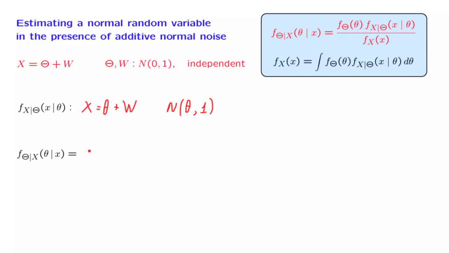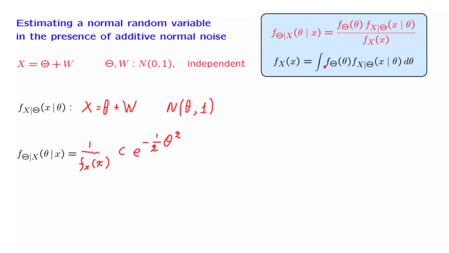So we have the denominator term, which I'm writing here. And then we have the density of theta. Since it is a standard normal, it takes the form of a constant. We do not really care about the value of that constant. What we really care about is the term in the exponent.